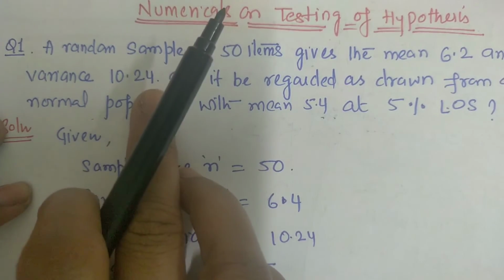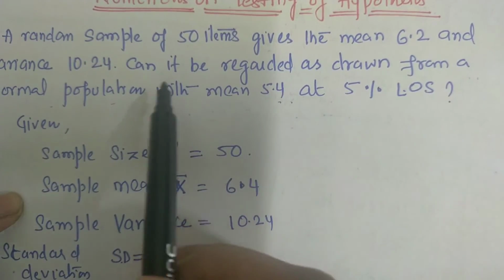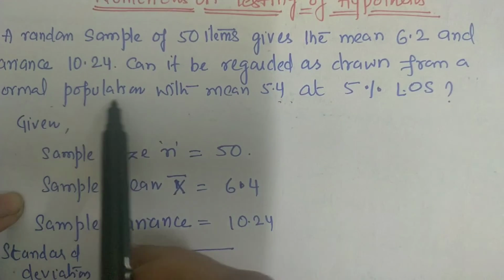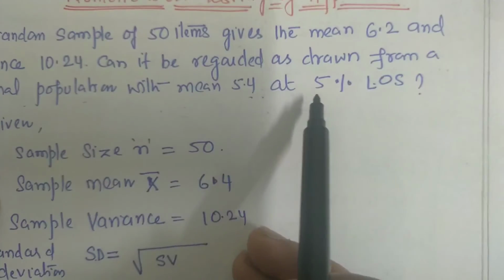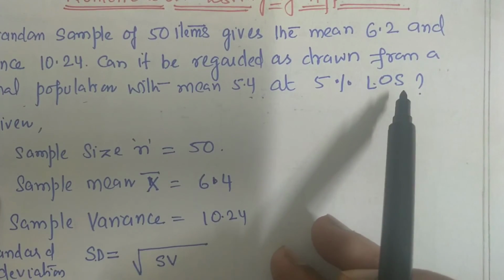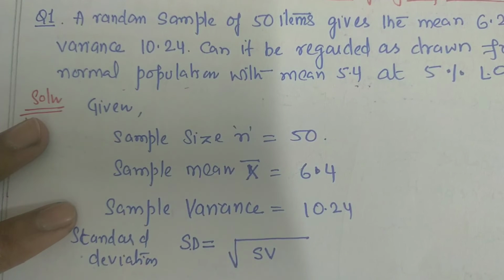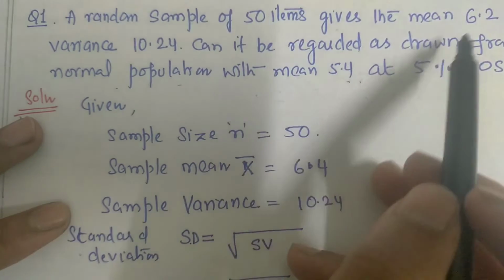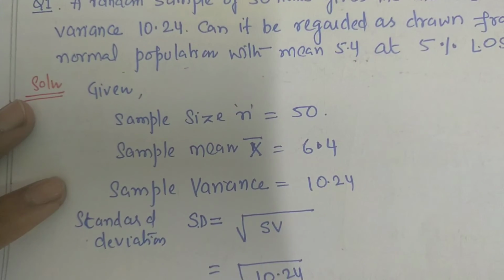They are asking, can it be regarded as drawn from a normal population with mean 5.4 at 5% level of significance? Simply it means we have taken a sample of 50 items, and the mean value of the sample is 6.4 and the variance is 10.24.